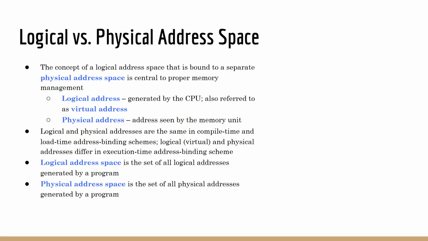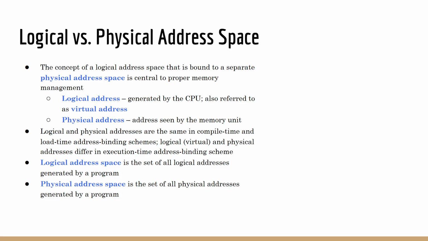On the other hand, a physical address is the actual address seen by the memory hardware, the one that gets loaded into the memory address register. The set of all corresponding physical addresses is the physical address space. Whether these two addresses are the same or different depends on when the binding of the instructions and data to memory addresses occurs.